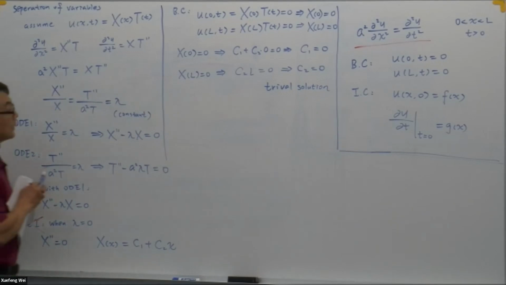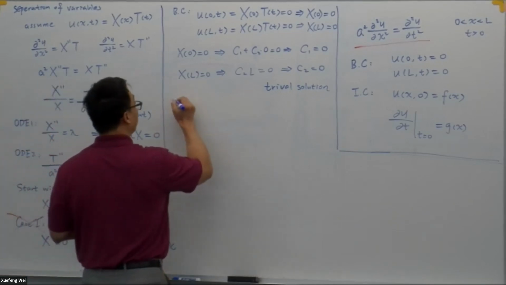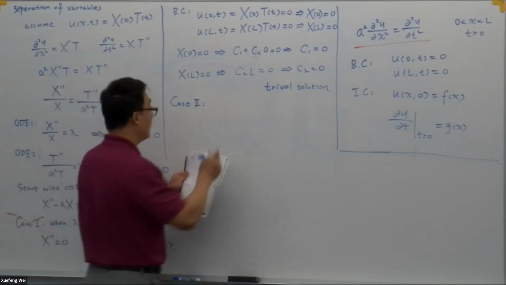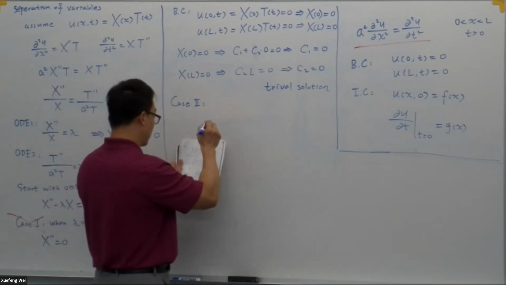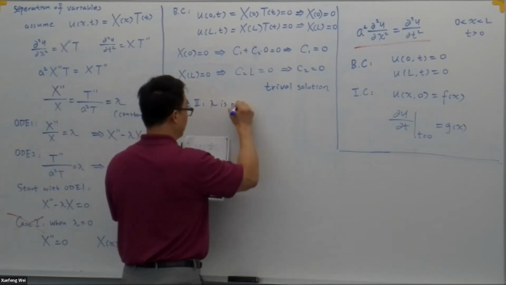Okay, so let's look at case number two. Case number two is when lambda is bigger than zero, when lambda is positive.